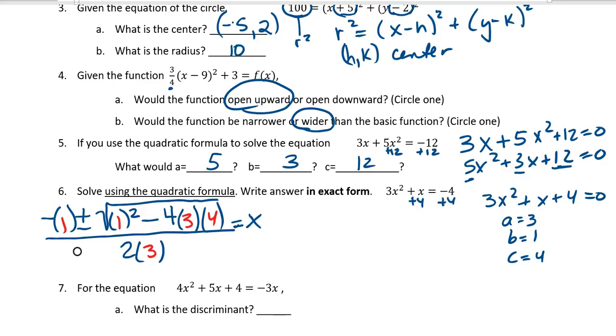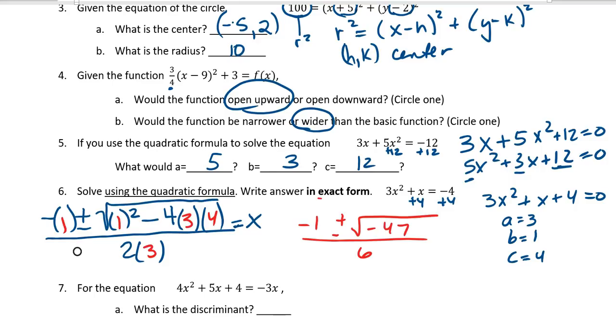Next, I always do the discriminant, which is the stuff under the radical. If I do that, I can simplify that as 1 minus 48. Okay, so I know that I'm going to end up with a negative because 1 minus 48 is negative 47.